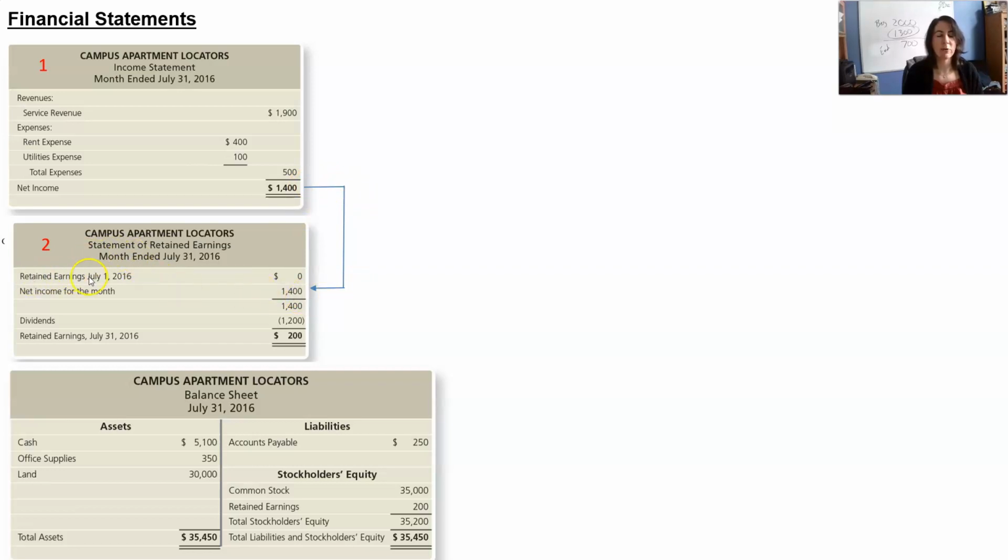Retained earnings is the money you have made in the past that you have held on to, right? Retained, held on to, earnings. If it's a brand new business, you probably have 0 retained earnings because you haven't made money in the past. So you start off with a 0 here, and we made $1,400 this year, coming down from the income statement.